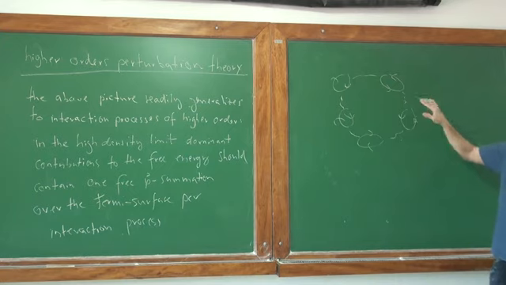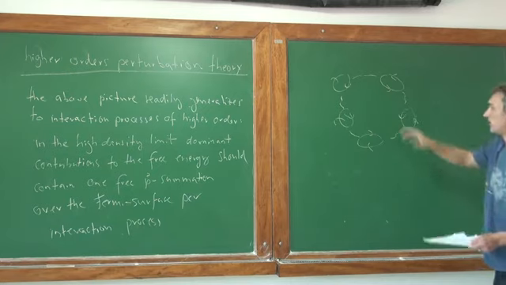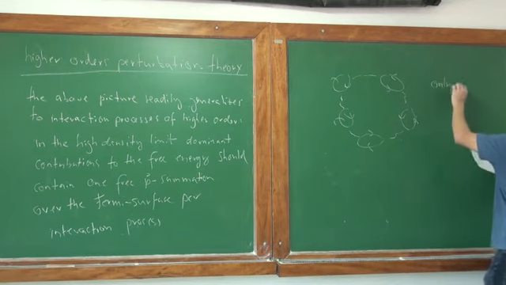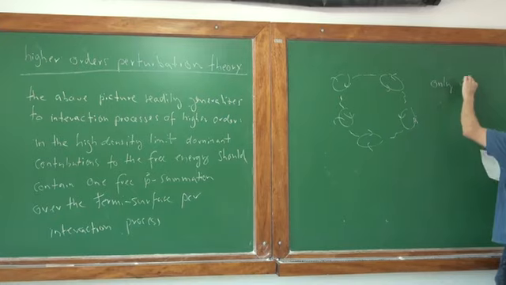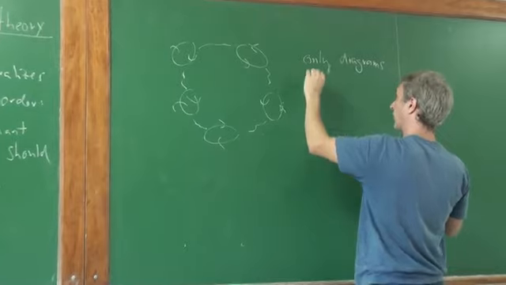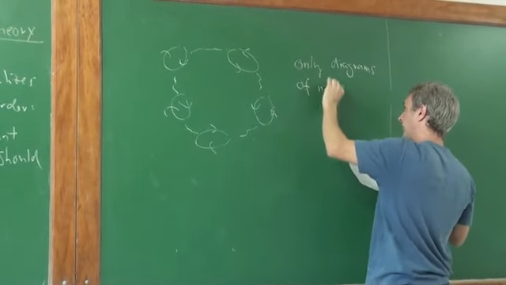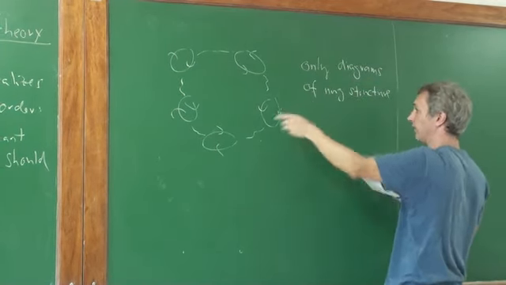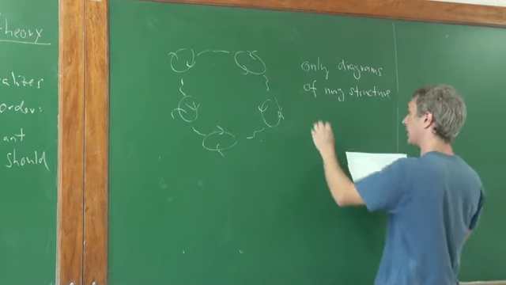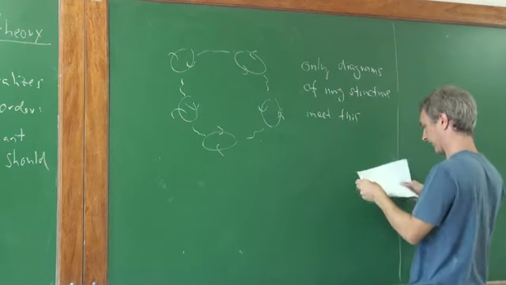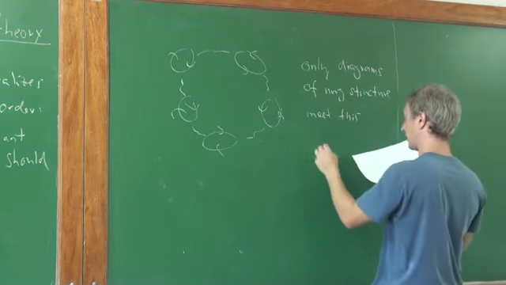And this generalizes. This means then that in every order we will always find these ring structure diagrams which meet this criterion. Okay, so only the diagrams of ring structure, like here for the fifth order, but this already generalizes, meet this condition.